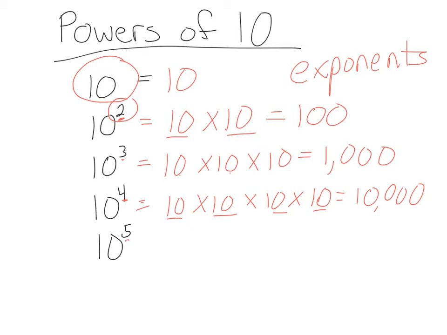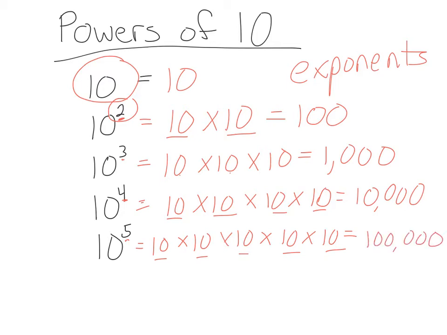Next, 10 to the fifth power would be 5 10s. 10 times 10 times 10 times 10, one more, times 10 equals 1, 2, 3, 4, 5. We have 5 10s, just to make sure. 100,000. What do you notice about the numbers going from 100 to 1,000, 10,000, 100,000?